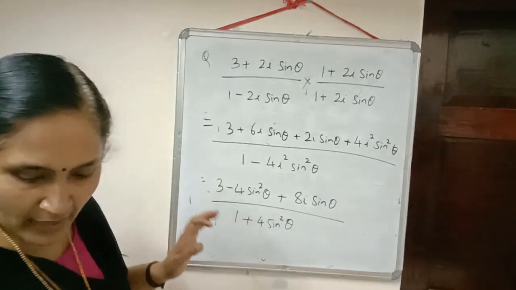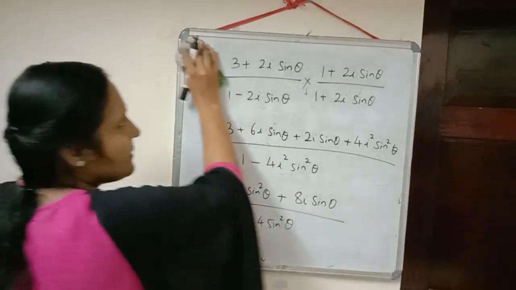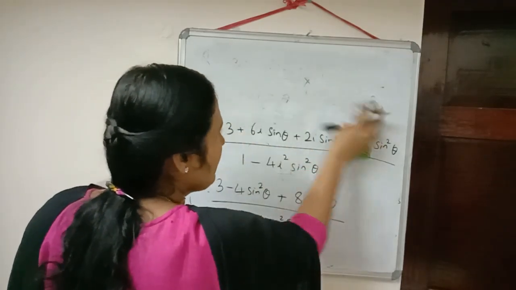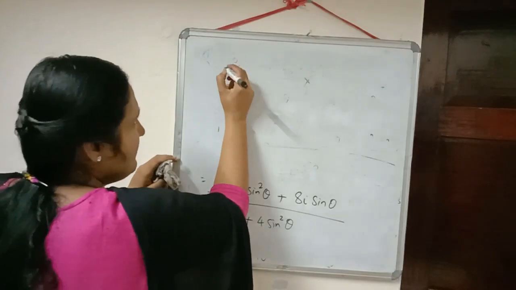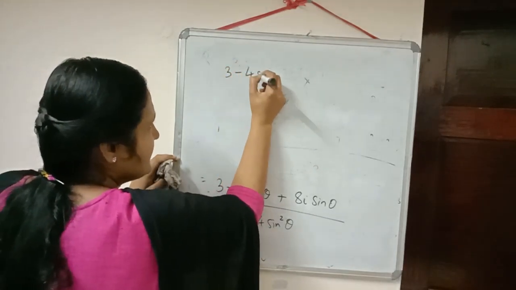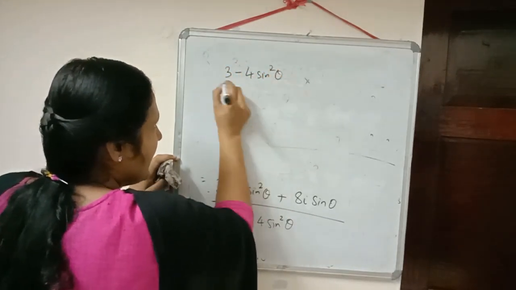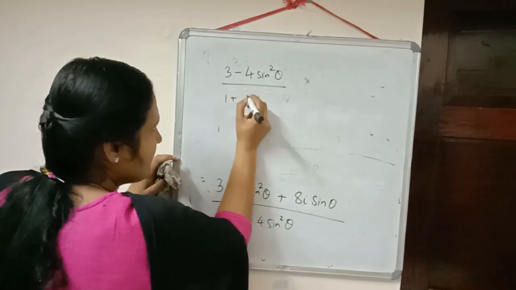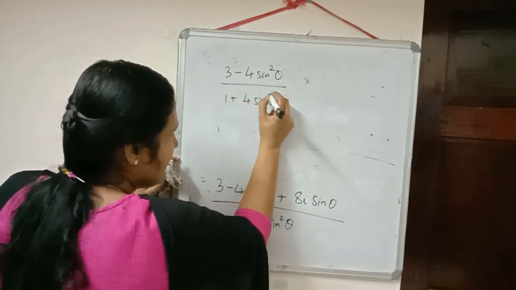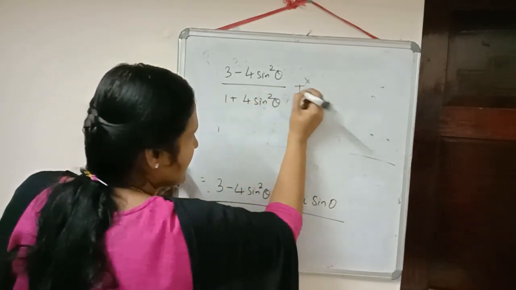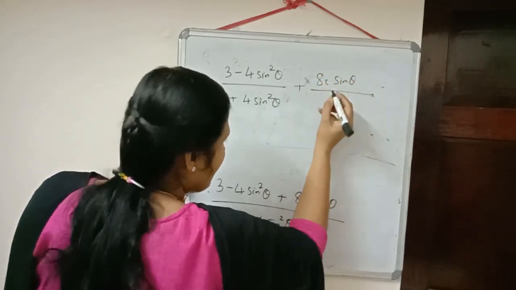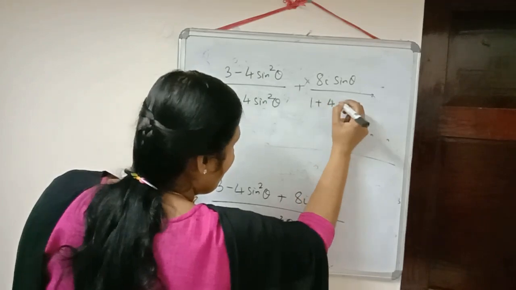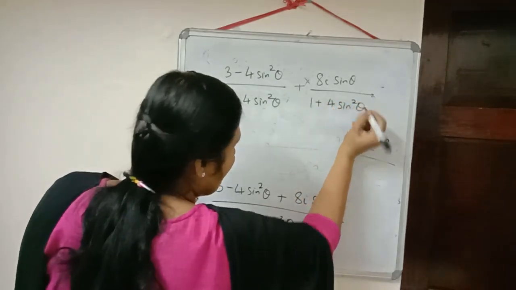Now write them separately: real part separate and imaginary part separate. So it will come as (3 minus 4 sin square theta) by (1 plus 4 sin square theta), plus 8i sin theta by (1 plus 4 sin square theta).